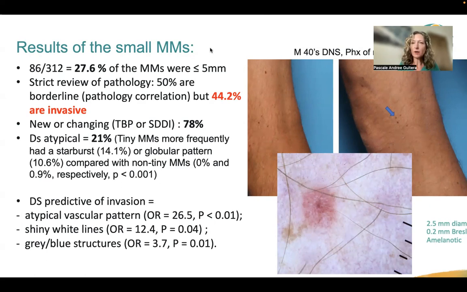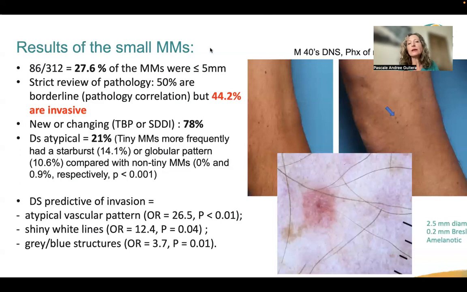Interestingly, tiny melanoma were more frequently having this starburst pattern, 14%, or globular pattern, 10%, compared to non-tiny melanoma. More importantly, the dermoscopy predictive feature of invasion was atypical vascular pattern, and the odds ratio was 26, so quite a potent criterion, this atypical vascular pattern.